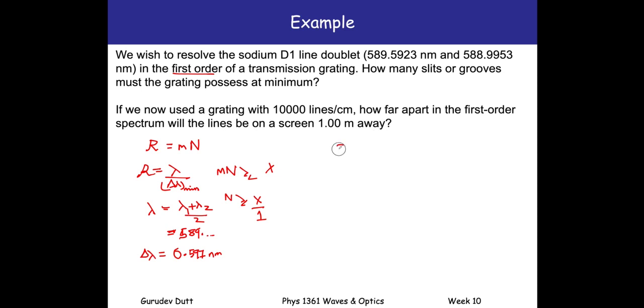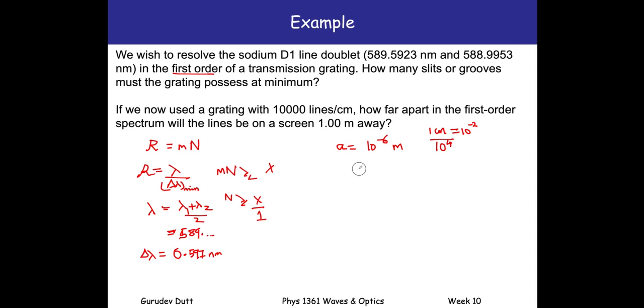For this, we need to find a. a is 10,000 lines per centimeter, and 1 centimeter is 10 to the minus 2 meters. So in 1 centimeter, which is 10 to the minus 2 meters, we divide by 10,000, which is 10 to the 4. So that gives me 10 to the minus 6 meters for the spacing between the lines.